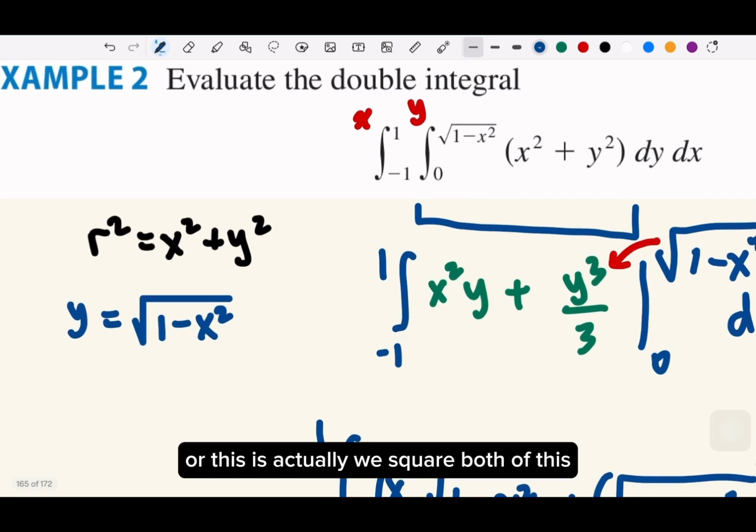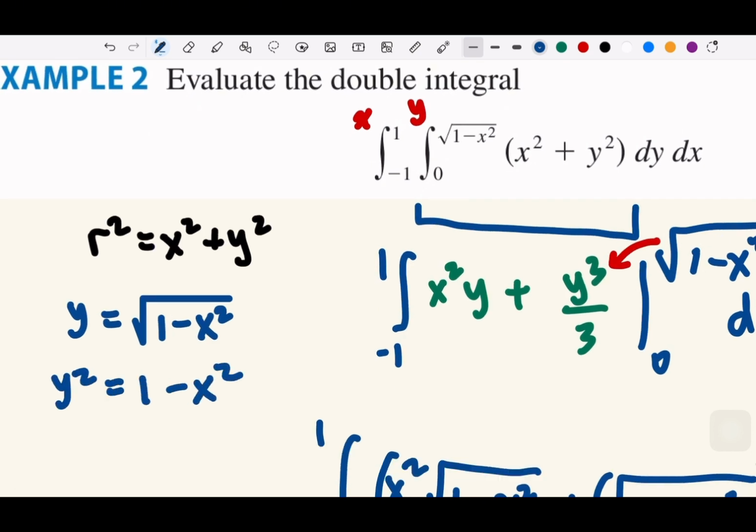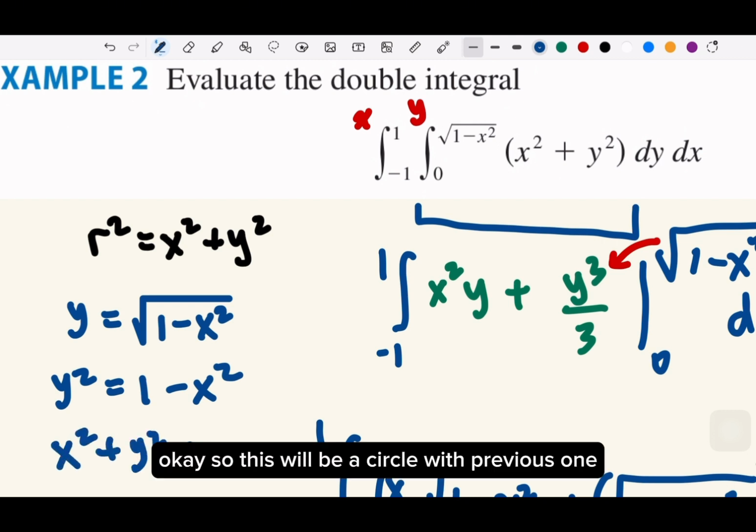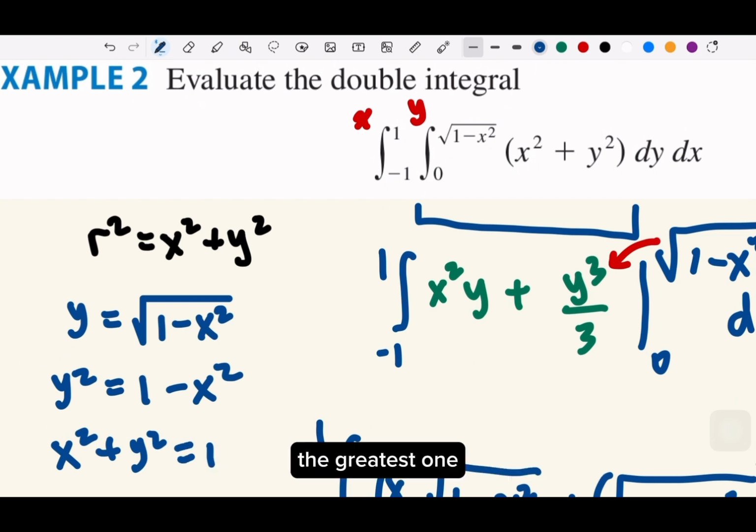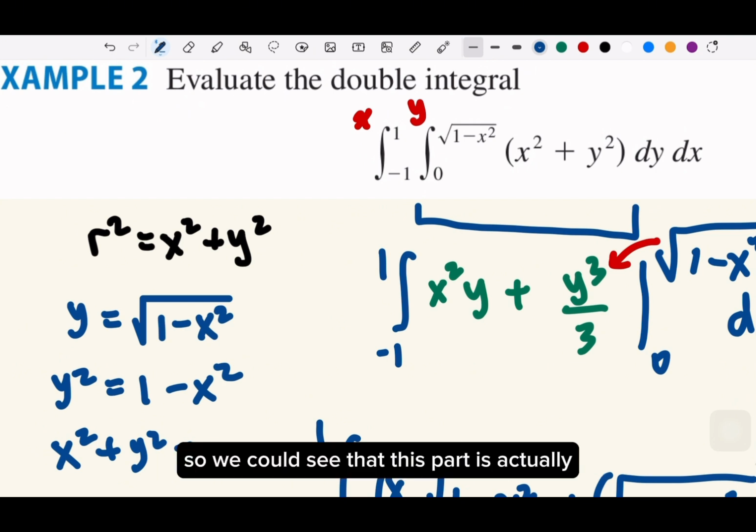Or if we square both of these, this will be a circle with radius 1, right? So we could see that this part can be converted into polar.